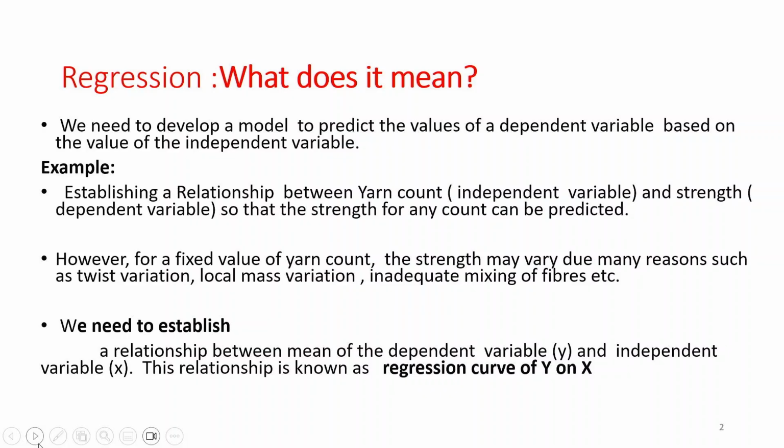And this relationship is known as the regression curve of y on x. So y becomes my dependent variable, which is placed on the y-axis, and x is the independent variable, which is placed on the x-axis. So we say regression curve of y on x.